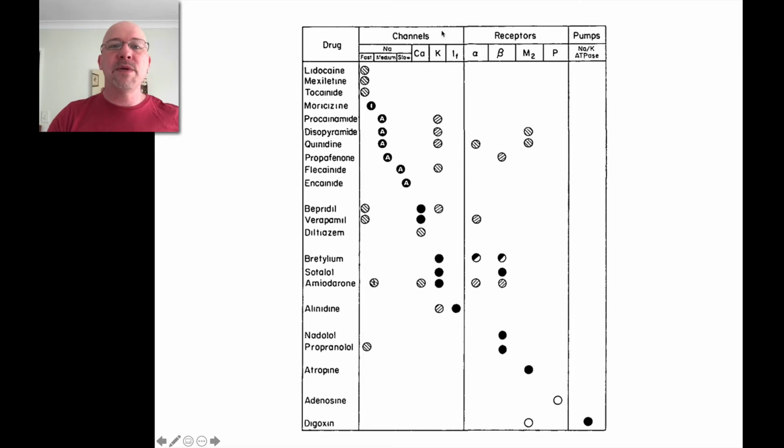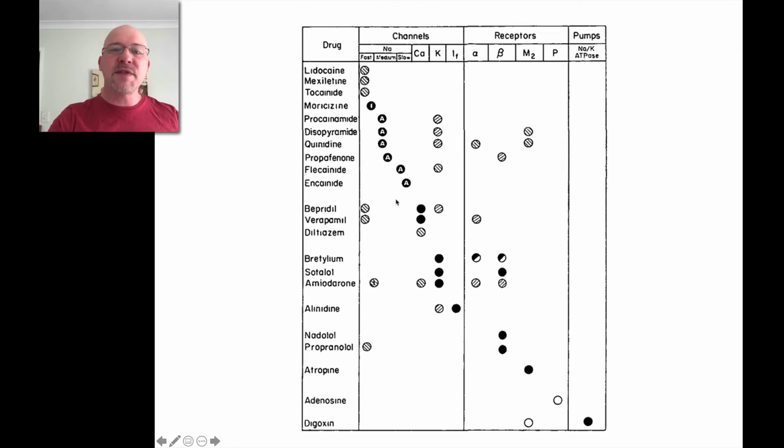So we talk about the sodium channels, fast, medium, and slow, calcium channels, potassium channels, funny channels, alpha, beta, muscarinic channels, and the P channels, which are where adenosine works in the AV node, which I didn't talk about. But if you take a look, for example, under P, adenosine is the only one that works there.